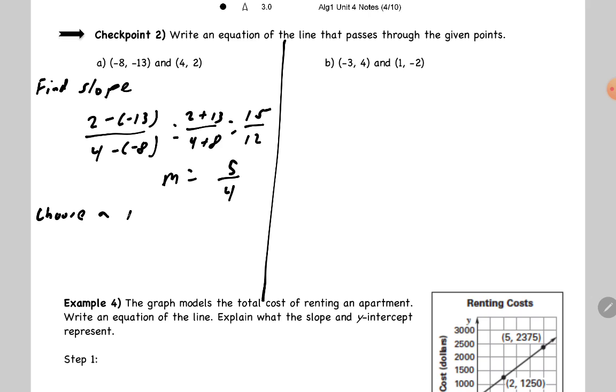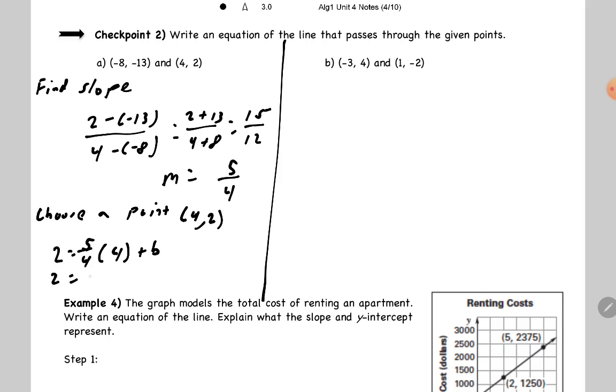Now I'm going to choose a point. Let's use 4 comma 2. That seems easier than negative 8, negative 13. So y, which is 2, is equal to m, which is 5 over 4, times x, which is 4, plus b.